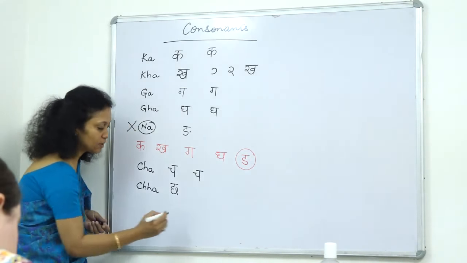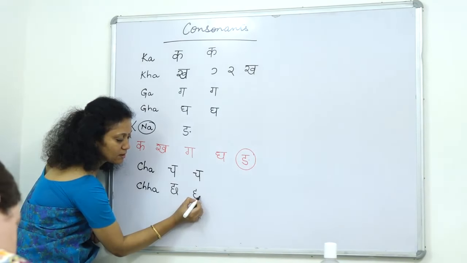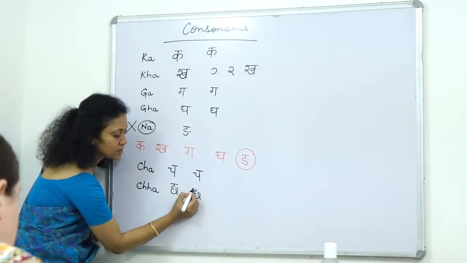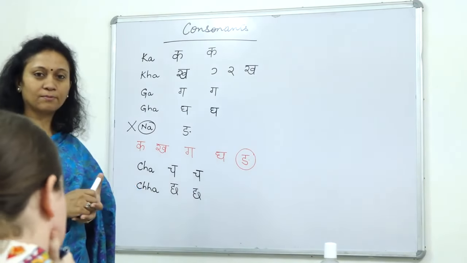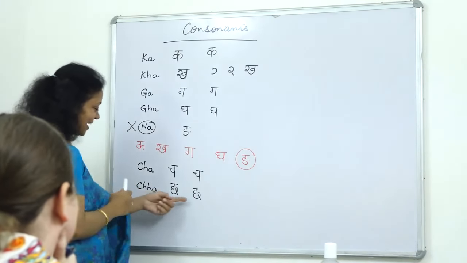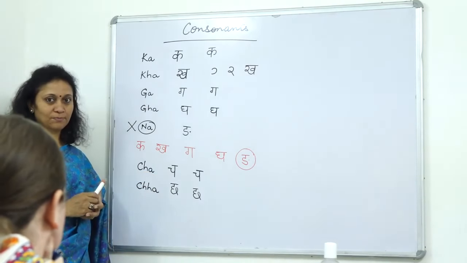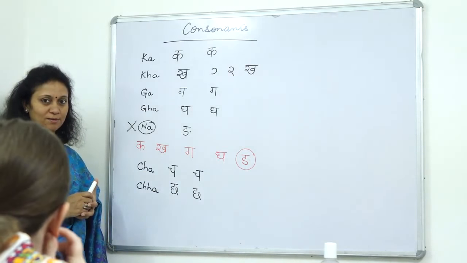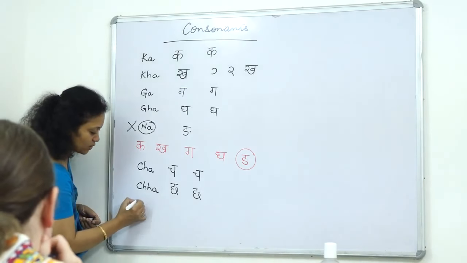So a little vertical, an inverted 3, take it up, bring the loop down. That's chh. It's like an L, yes, I agree. So you have ch, chh.